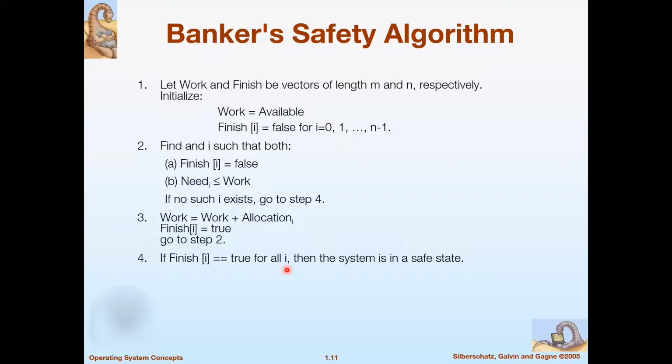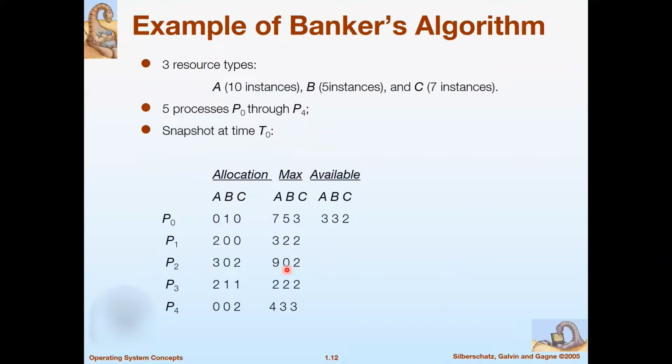Let's take an example to illustrate this algorithm. Suppose in a system we have three types of resources A, B and C. We assume here that A has 10 instances of the resource, B has 5 instances and C has 7 instances.